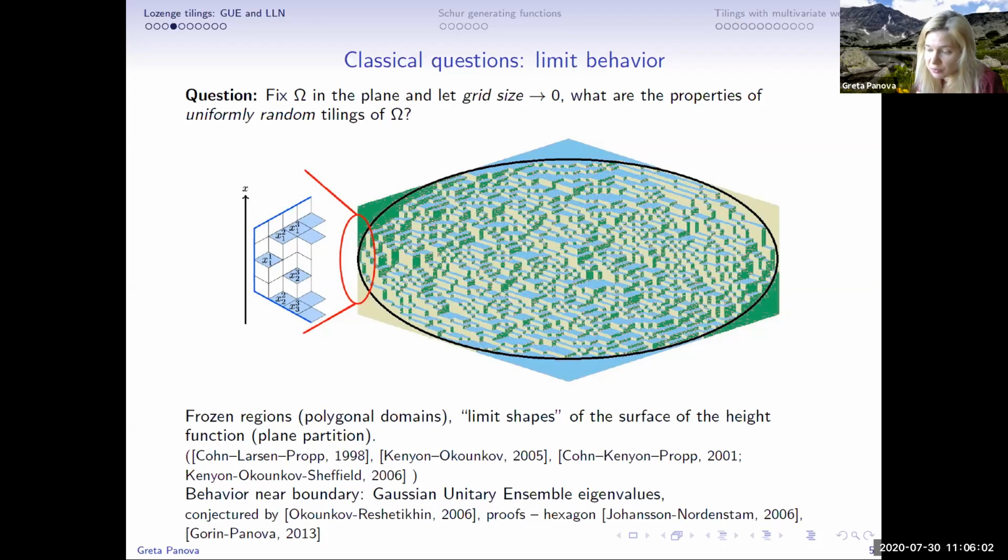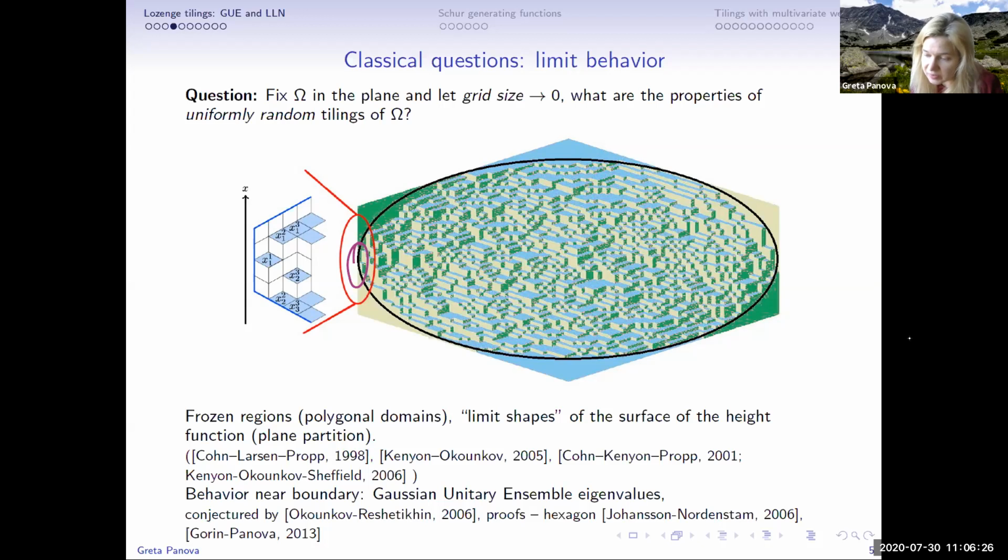Is there a frozen boundary? So are there some regions where we have probability 1 of seeing only one particular type of lozenge, which for this hexagon is the case. And what do things look like when we zoom near the boundary? What kind of distributions do we have for these lozenges?